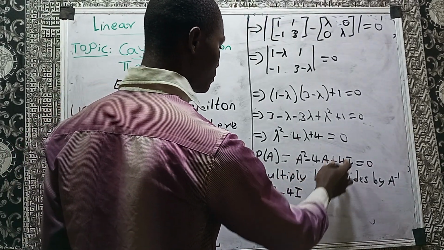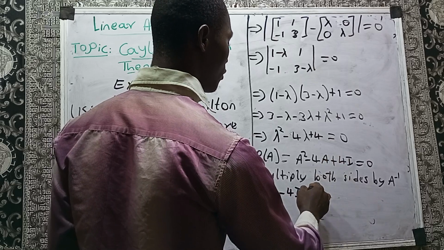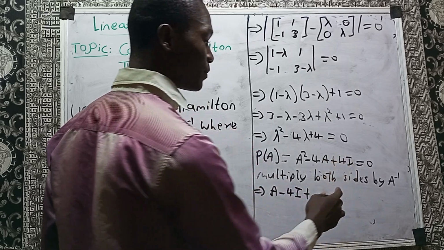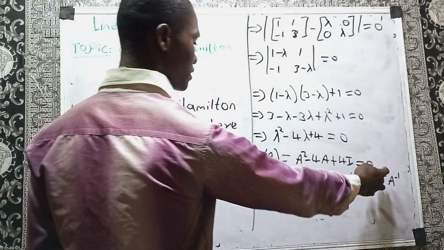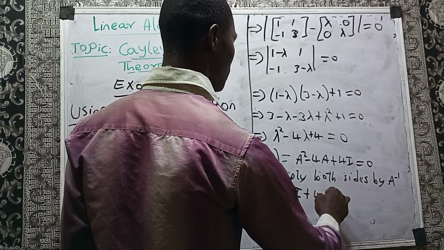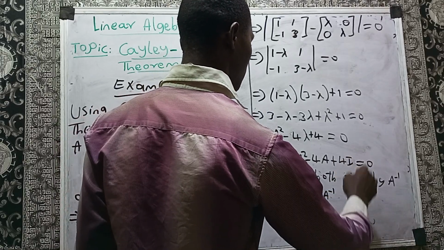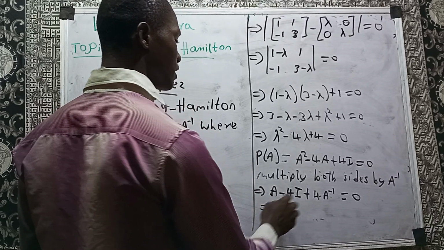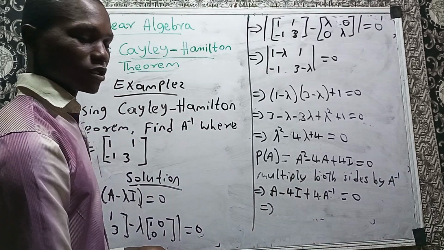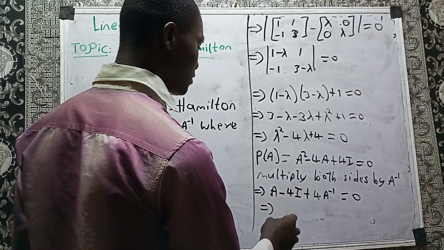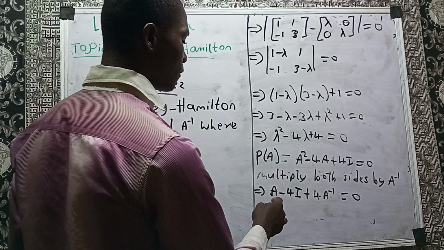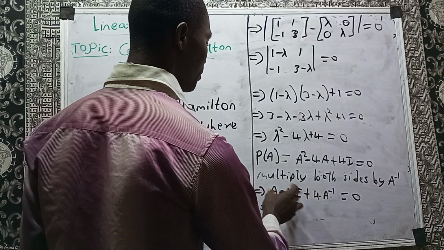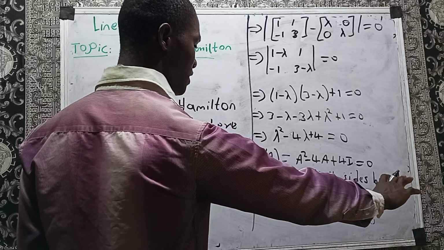Then positive 4i multiplied by A inverse, you are going to have 4A inverse, then equal to 0 multiplied by A inverse, 0. So make A inverse the subject of the formula. To make it the subject of the formula, we can move every other term to the other side, right?